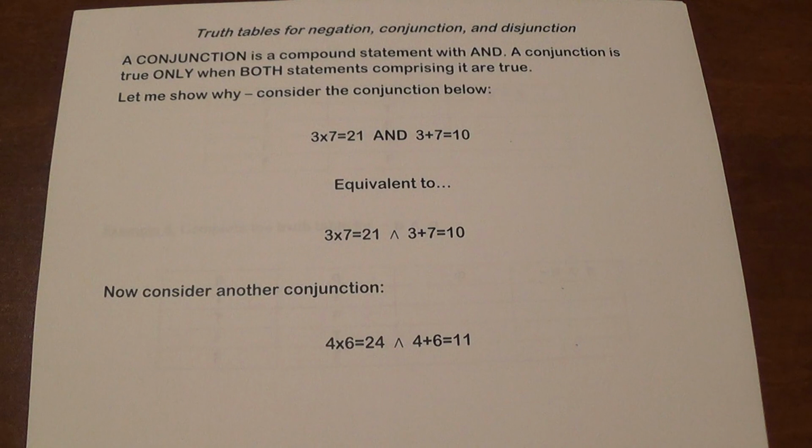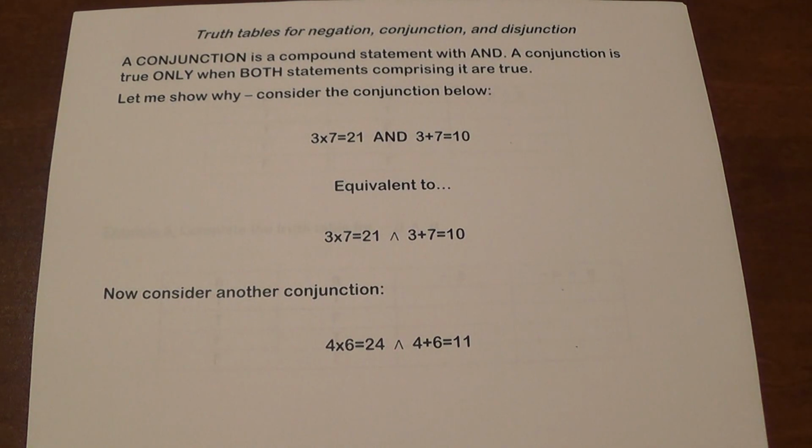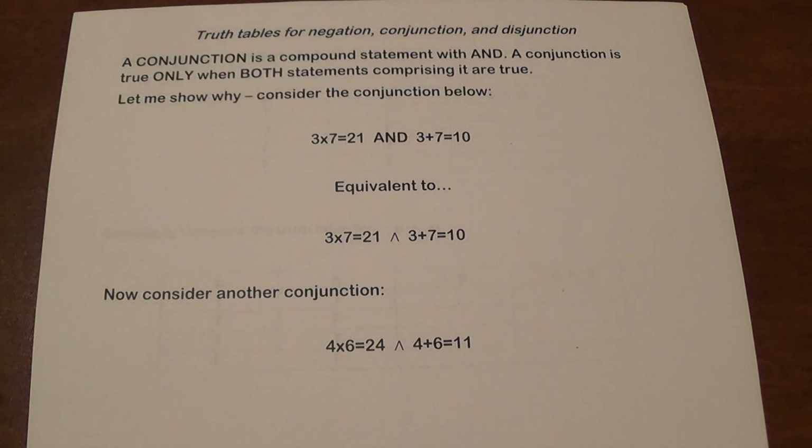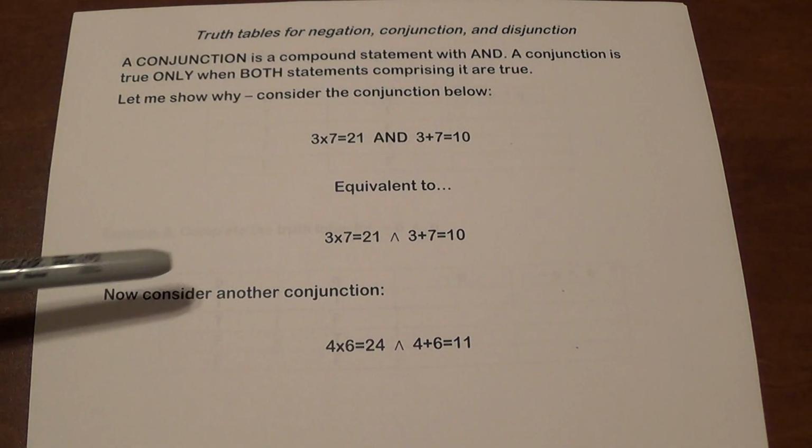So conjunction is a compound statement with and. This one is more strict. Both statements must be true for that to be true. I'm going to show you a couple examples here. We have 3 times 7 is 21 and 3 plus 7 is 10. Both of those things are true.